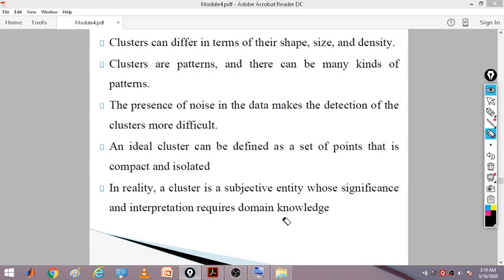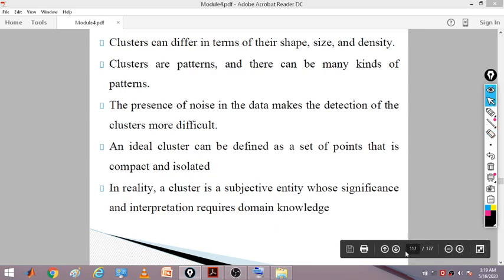To interpret on what basis we have classified the cluster, you need to know from which source the data is coming, what kind of data it is, whether it belongs to the banking domain or the business sector. Only if you have perfect knowledge of the domain can you interpret the respective clusters.